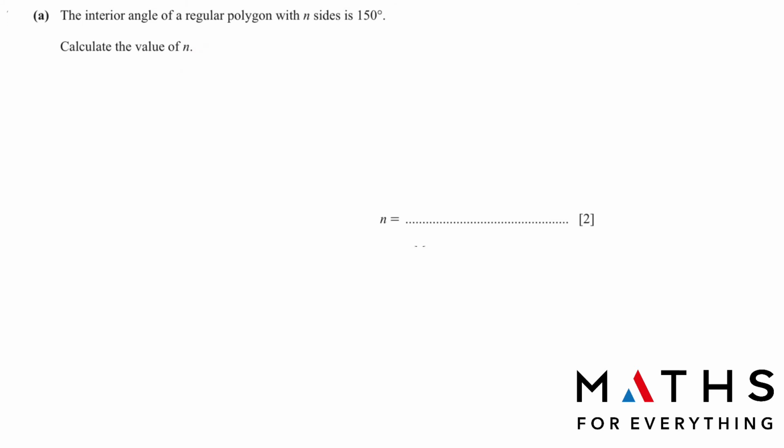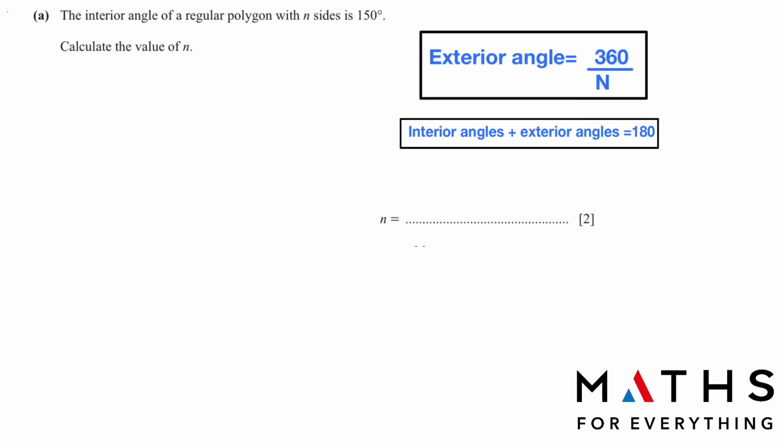You need to know a few things before we solve this question. Exterior angle is equal to 360 divided by n, where n is the number of sides. We also need to know that interior angle plus exterior angle equals 180. Interior angle is given to us, which is 150. Therefore, what will the exterior angle be?